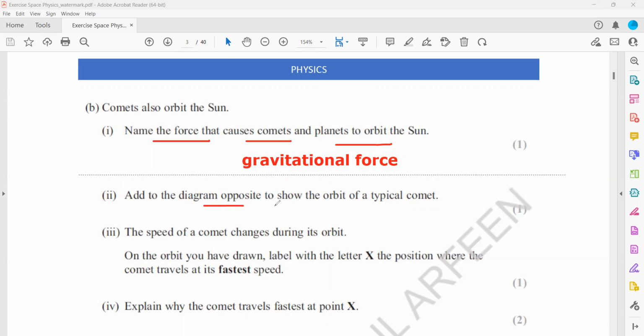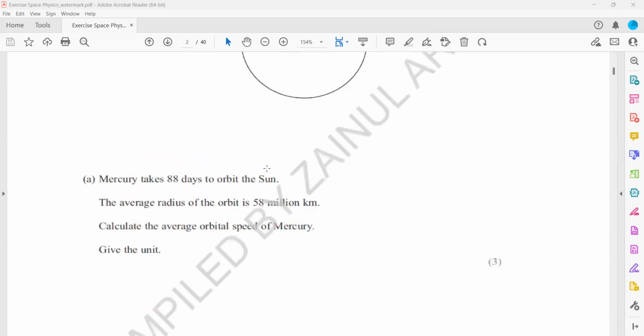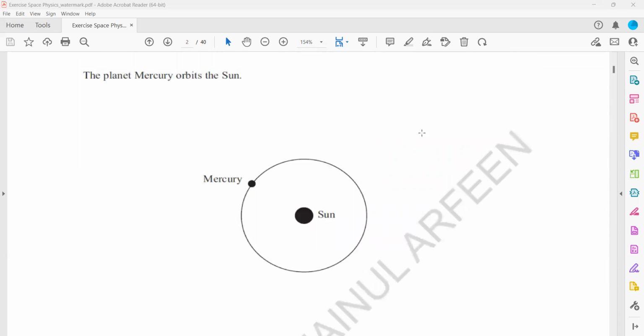Add to a diagram, show the orbit of a typical comet, like this diagram. This is a continuation of the question. On this diagram, use screen annotation to add the orbit of the comet. Keep one thing in mind: you will make an ellipse, and the sun should be nearer to one side than the other.